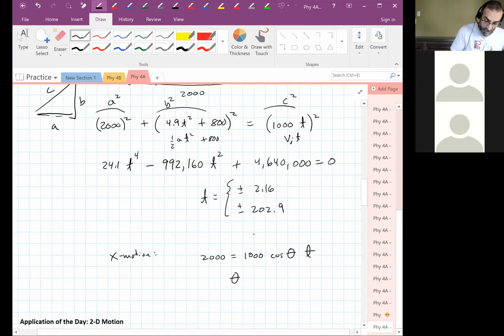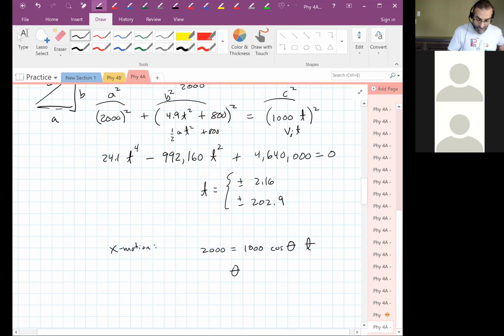In this problem, actually, I think there are two solutions. So if t is 2.16 seconds, you get a low angle. Should have checked my notes first. And if t is 202.9 seconds, you get a high angle. So there are two solutions.